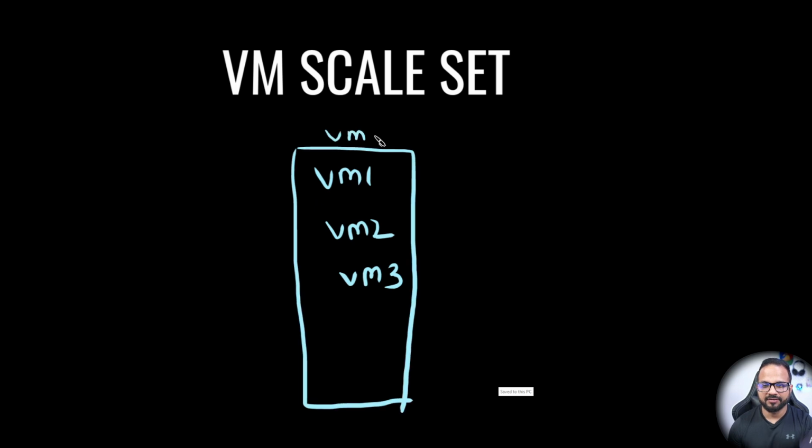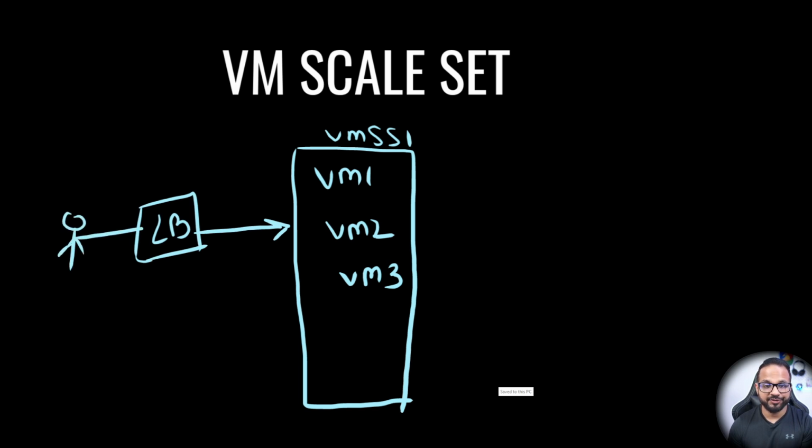Now, to avoid a single point of failure and make your application highly available, we use something called as virtual machine scale sets. So in this virtual machine scale set, we provision multiple VMs. Let's call them VM1, VM2, and VM3. So this is VMSS1, and this is listening to your load balancer as the front end.